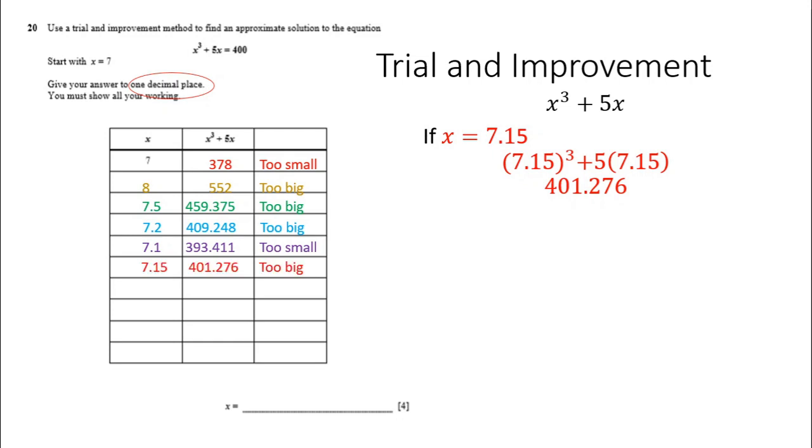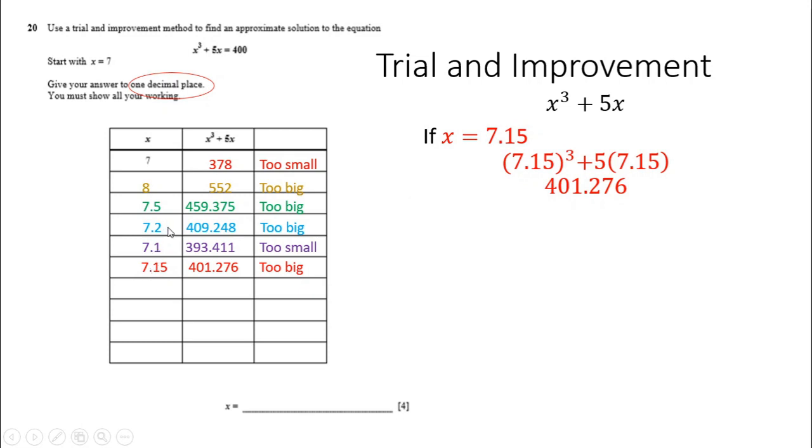Now what that tells me then is that x must be smaller than 7.15. So maybe it's 7.14, maybe it's 7.13, maybe 7.12. I don't know exactly what it is, but it's less than 7.15. Why that's interesting to me though is because if it's less than 7.15, it does not round up to 7.2.